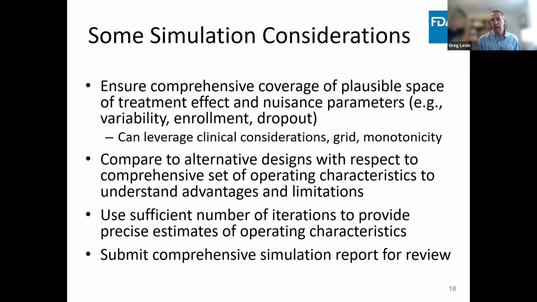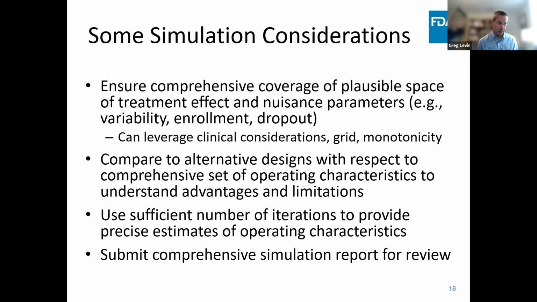There are going to be computational and other challenges. These can, to a certain extent, be addressed by leveraging clinical considerations about what parts of the parameter space are just clinically impossible, using a grid of assumptions, and leveraging monotonicity arguments. But nevertheless, there should be a convincing justification that the plausible space of the parameters has been covered by the simulations.